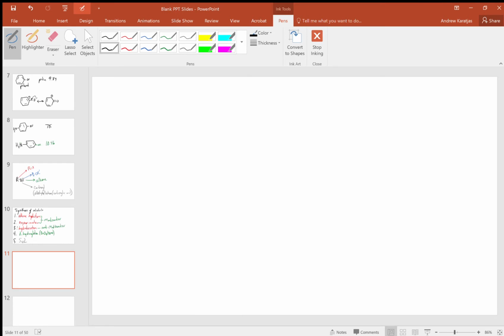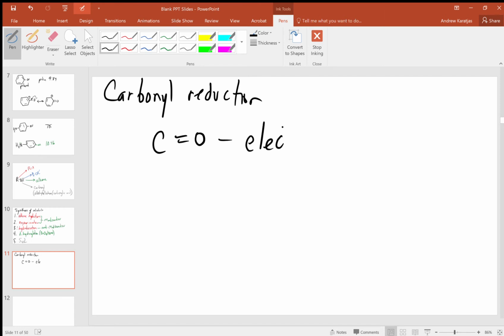But we're going to add new ways. And by far the most important new way that we're going to add is reduction of a carbonyl. So we've seen before that carbonyls are excellent electrophiles.